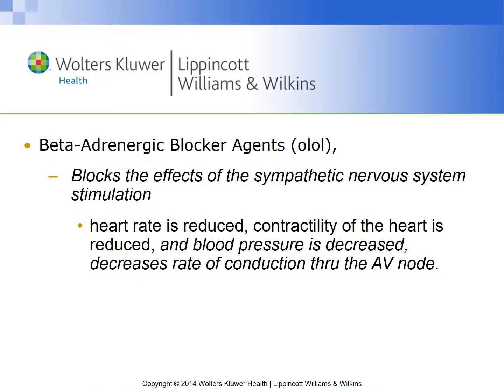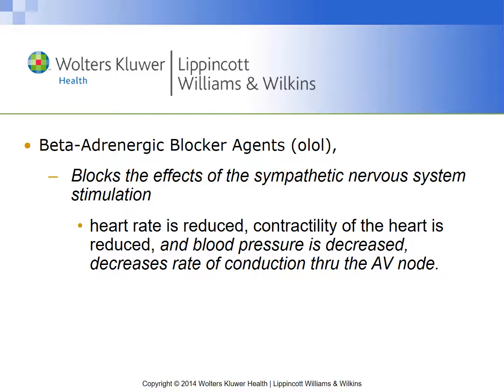Okay, the next group of medicines is the beta adrenergic blockers, and you're going to see these over and over again. You probably already have, and you can recognize this class by the end of their generic name, -olol at the end. These drugs have pretty much eliminated the use of quinidine. These drugs block the effects of the sympathetic nervous system stimulation.